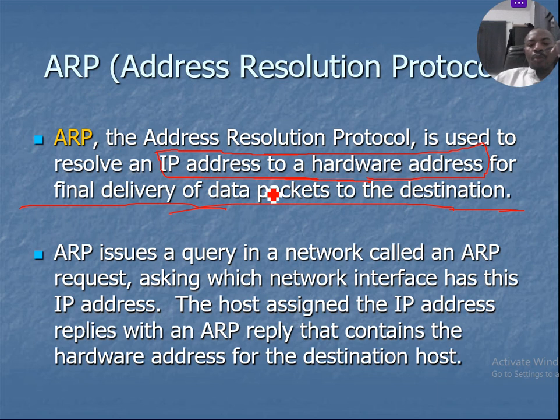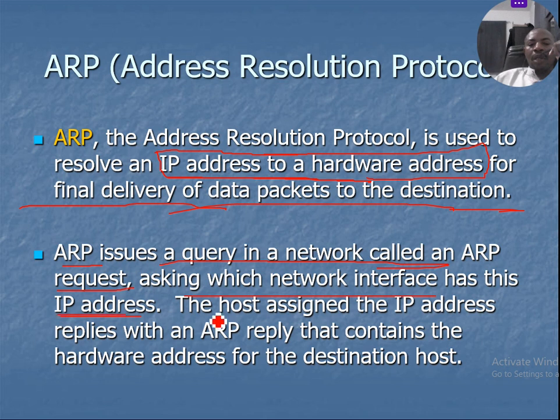Now, the ARP issues a query. How it works is that the Address Resolution Protocol will first of all issue a query in a network called the ARP request, asking which network interface has the IP address.